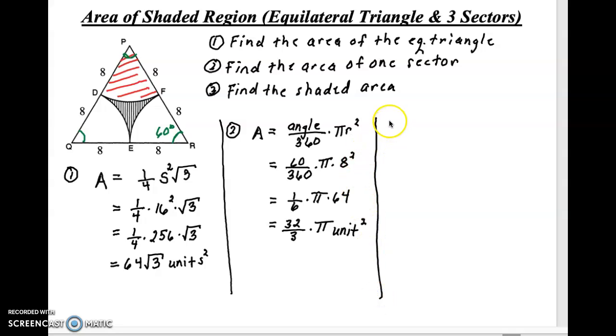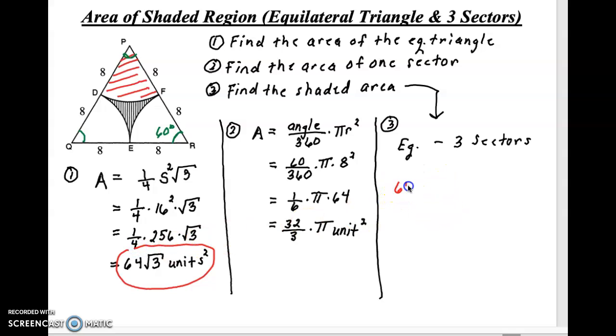You have to keep in mind, though, that we have 3 of them, and we're taking them away. So in order to find the area of the shaded region, what we're going to do is take the equilateral triangle and subtract 3 of the sectors, because there's 3 of them. So the equilateral triangle, that was our measurement here. That's 64 root 3. Minus 3 of the sectors.